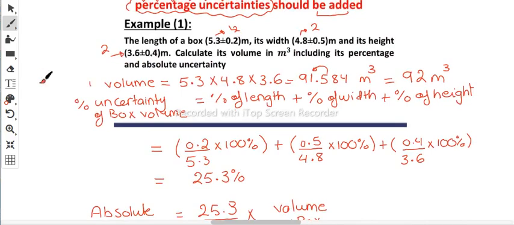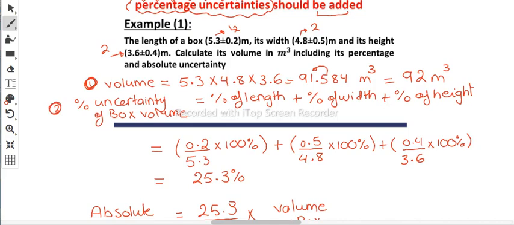So here we are dealing with calculating the volume of a box, taking into consideration how to find out its percentage and absolute uncertainty. We started firstly with number 1, which is calculating the volume. We took the length, the height, and the width, and we multiplied by each other.